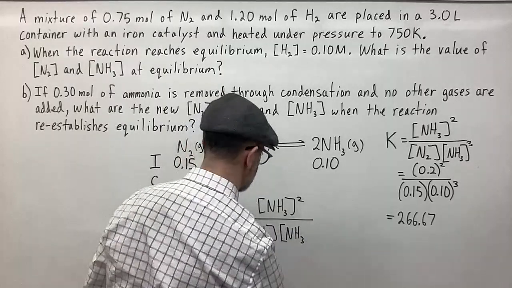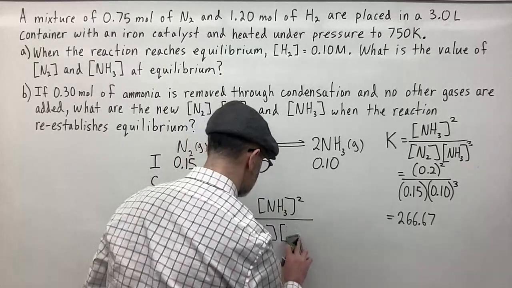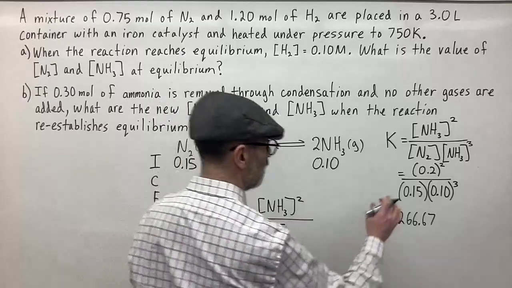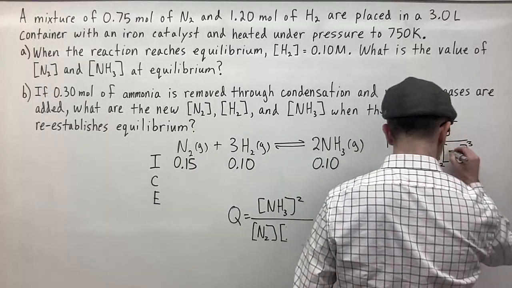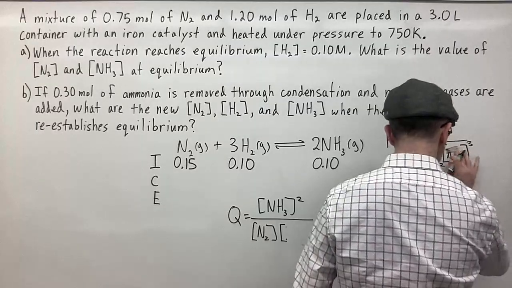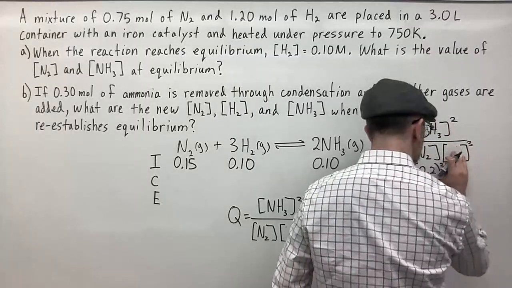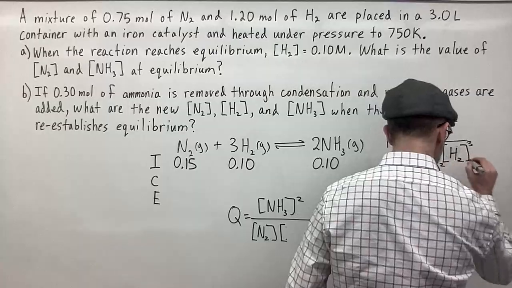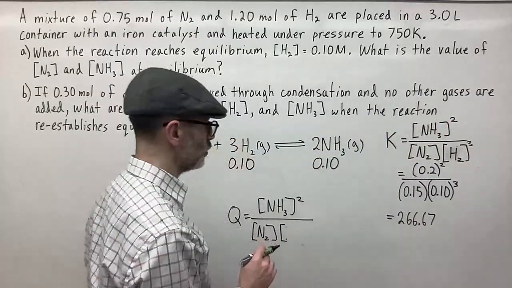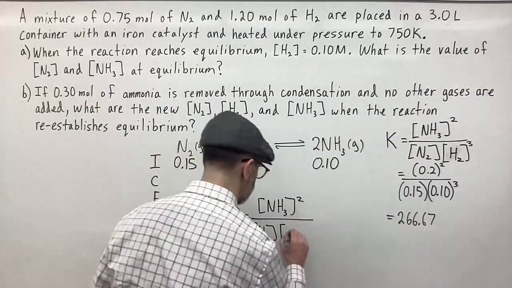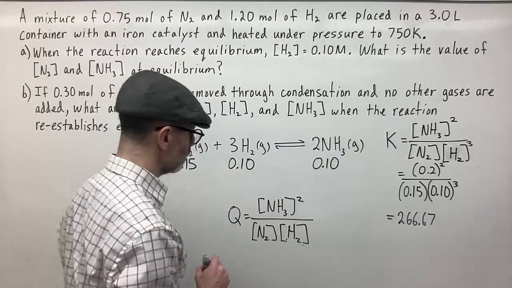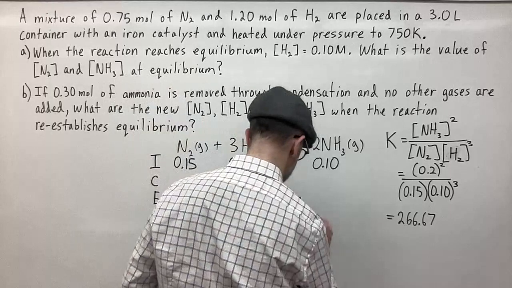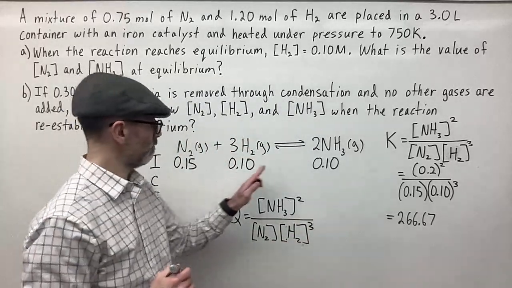Oops, not NH3, sorry, that's going to be H2. My bad. Sorry about that. That should be H2, and that's cubed. So now we're going to plug in the values here.